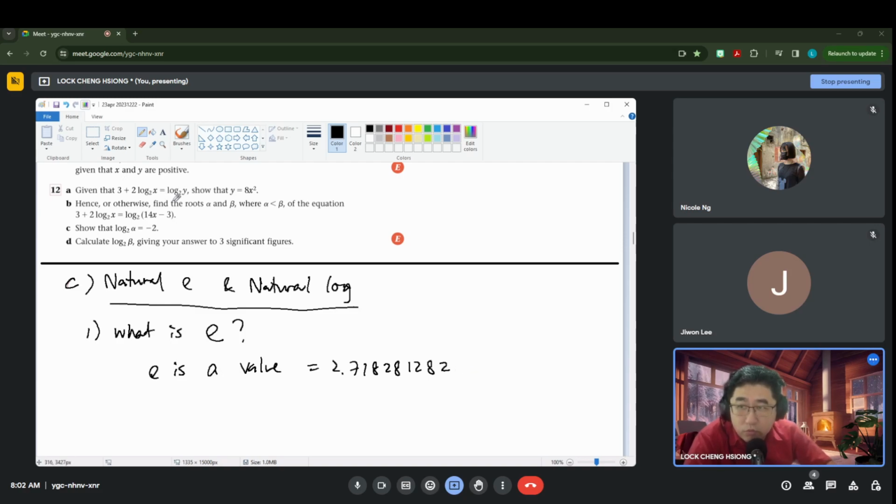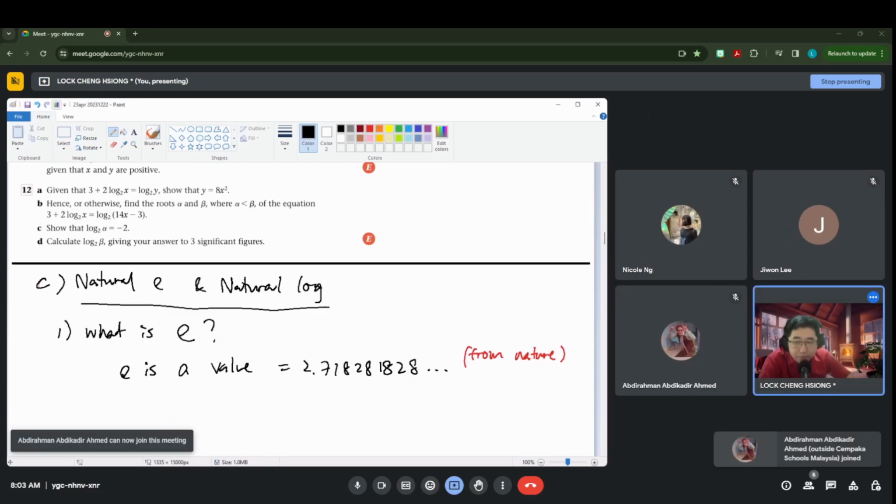So it's a number. This number actually comes from nature, just like pi. Pi is also a number that is discovered from nature.